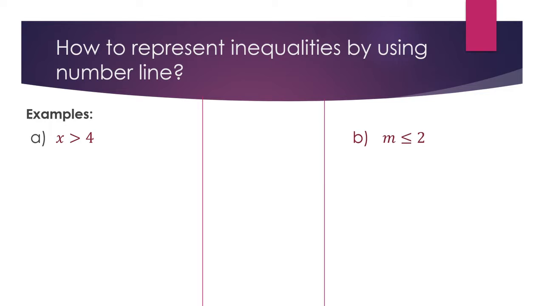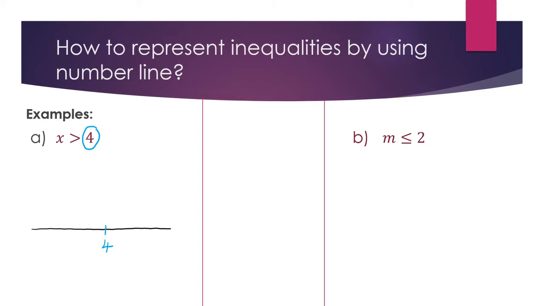Now we're going to learn how to represent inequalities by using number line. So from just now, we know that number line is a straight horizontal line consisting of numbers. So for this question, x greater than 4, I will draw a number line first. And then I have this number 4. On the number line, 4 is going to be a point.